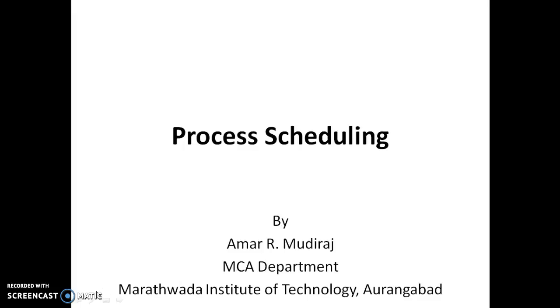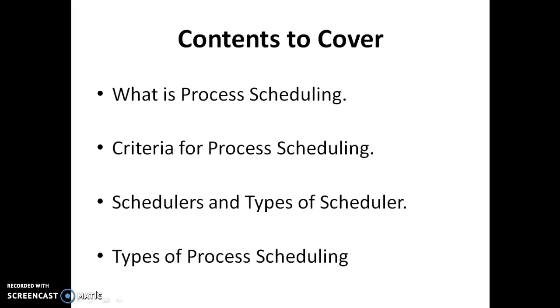So let's get started with the content which we are going to discuss in this session. Our entire series is going to be divided into two parts. In the very first part, we are going to see what is process scheduling and which are the various criteria for process scheduling.